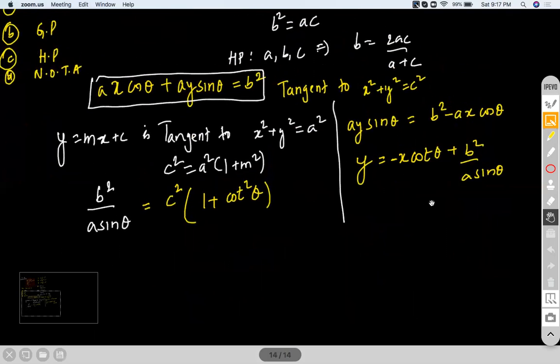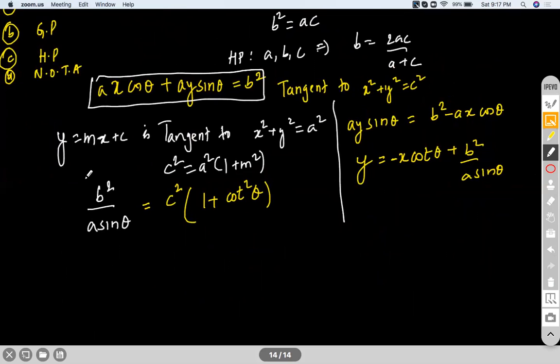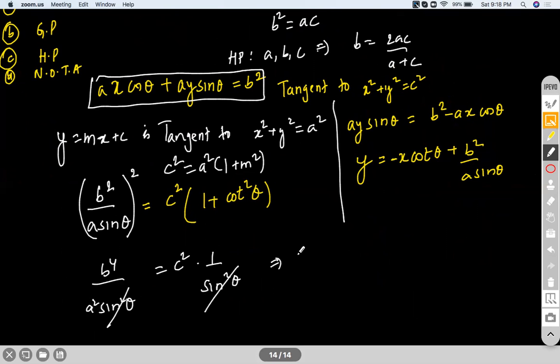By the way, this is just c, so this is c square. So b to the power 4 over a square sine square theta equals c square times 1 plus cot square theta, and 1 plus cot square theta is cosec square theta, which is 1 by sine square theta. Sine square gone. That means b to the power 4 is a square c square, so b square is equal to ac.